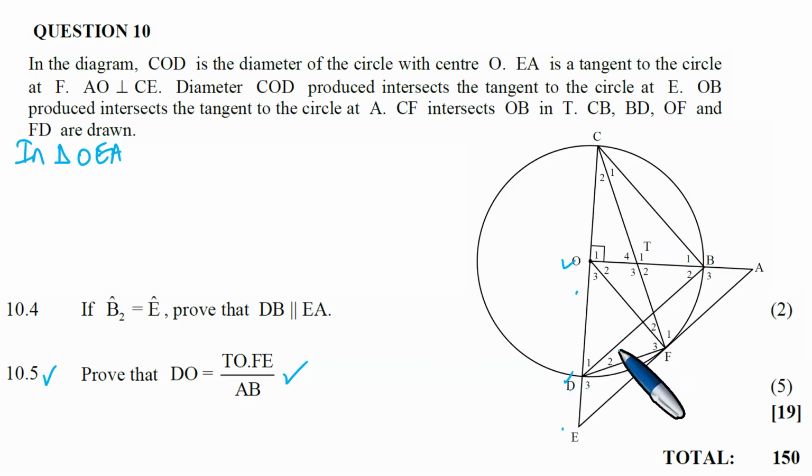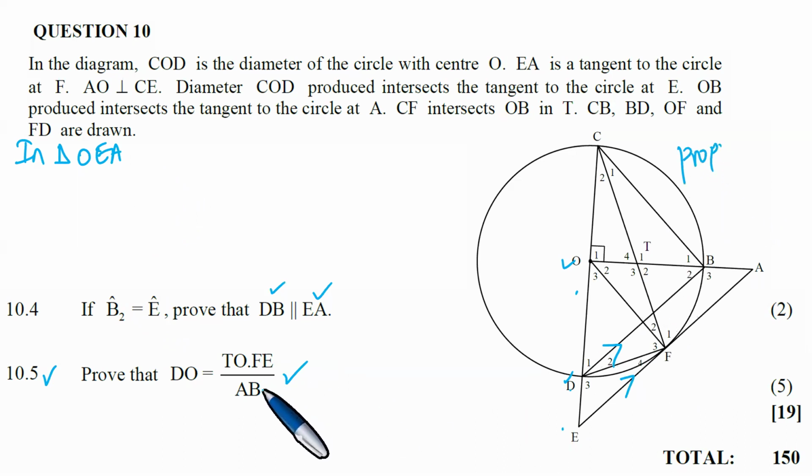Because we've already proven that these are parallel to each other. So having proven that DB is parallel to EA, then we can do some of the things. In triangle OEA, which is the triangle we want, we already have parallel sides, so we can use the proportionality theorem.